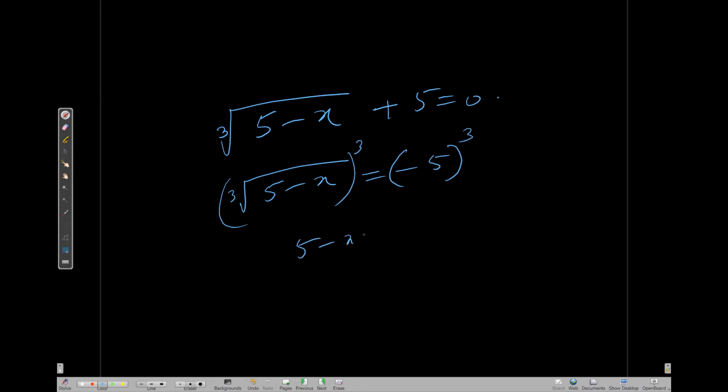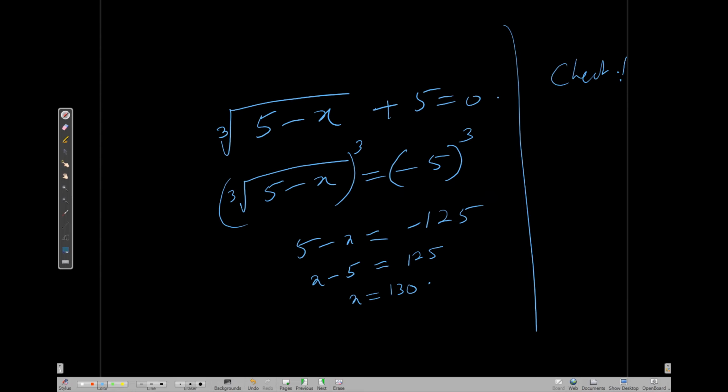So 5 minus x, and this is negative 125. Minus into minus into minus is minus. So when I multiply everything by a minus sign, x minus 5 is 125. x is 130. Let's check.